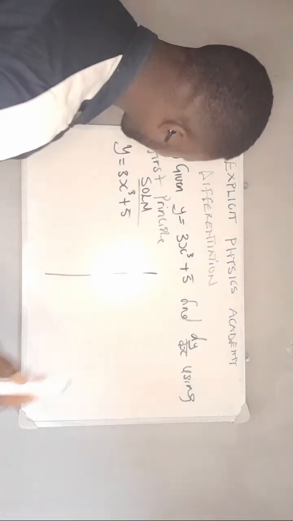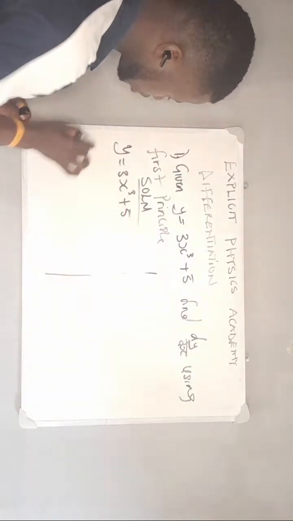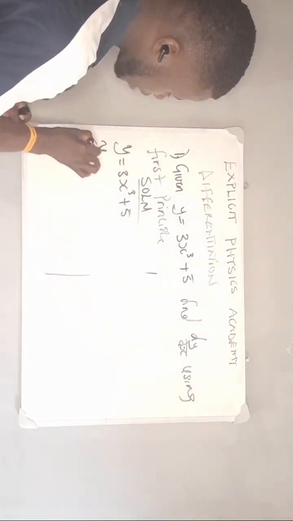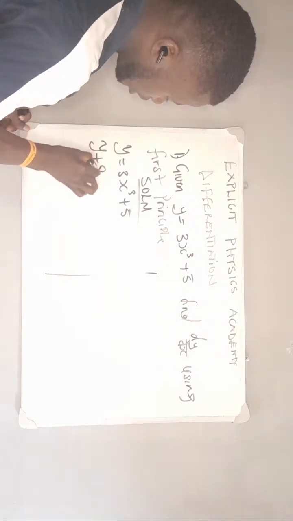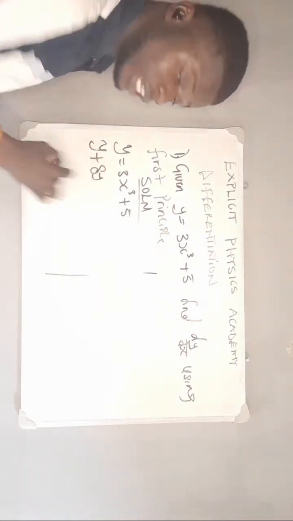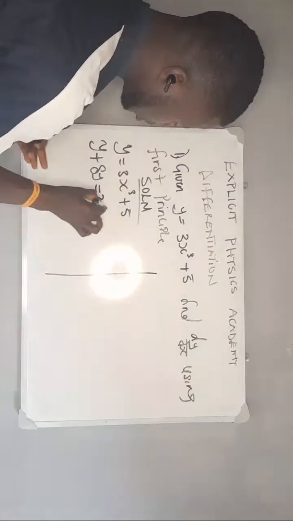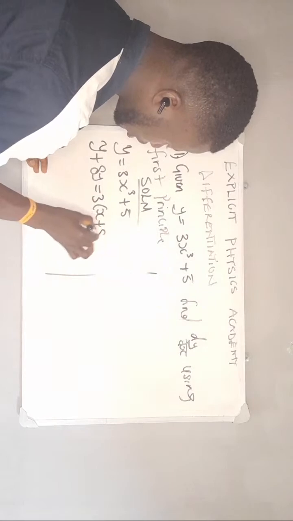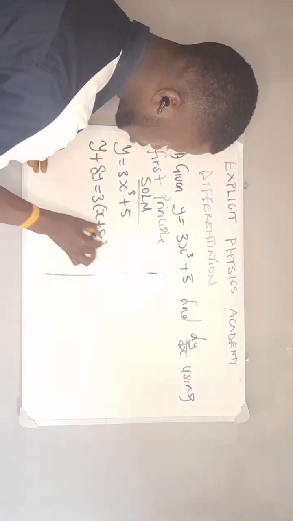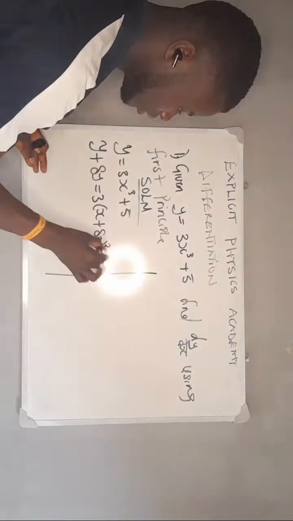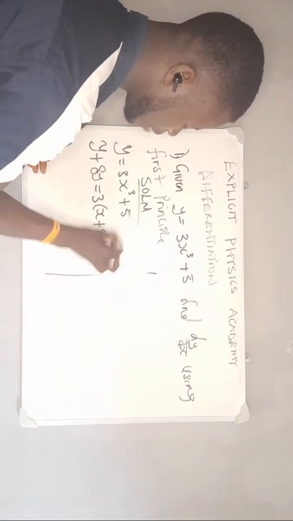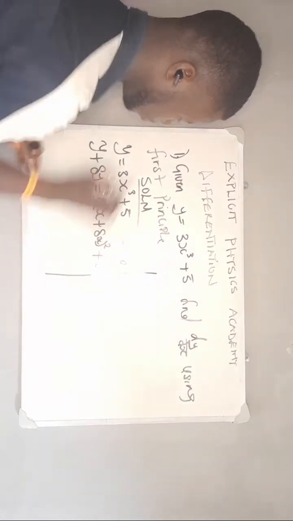I've told you in our previous video, if you have not watched it, go check it out. Here we are going to have y plus del y, that's the little change in y, is equal to 3 times x plus del x, that's an increment, cubed, plus 5. This can be your equation 1, and this can be your equation 2.